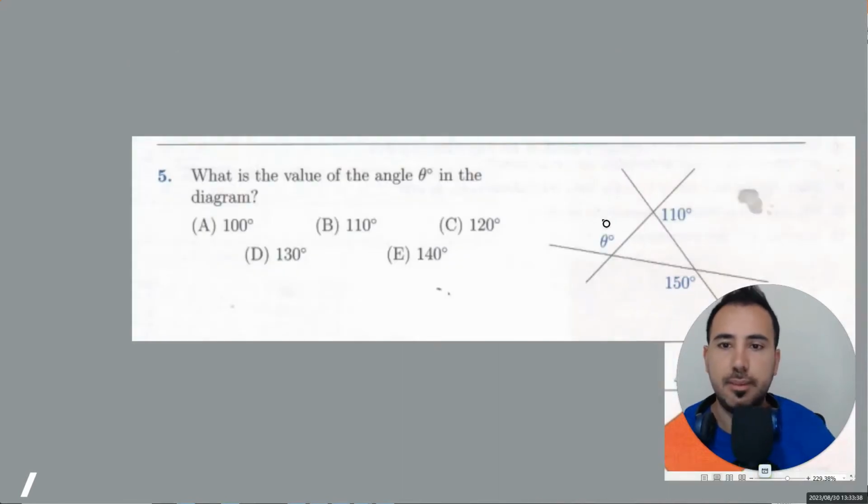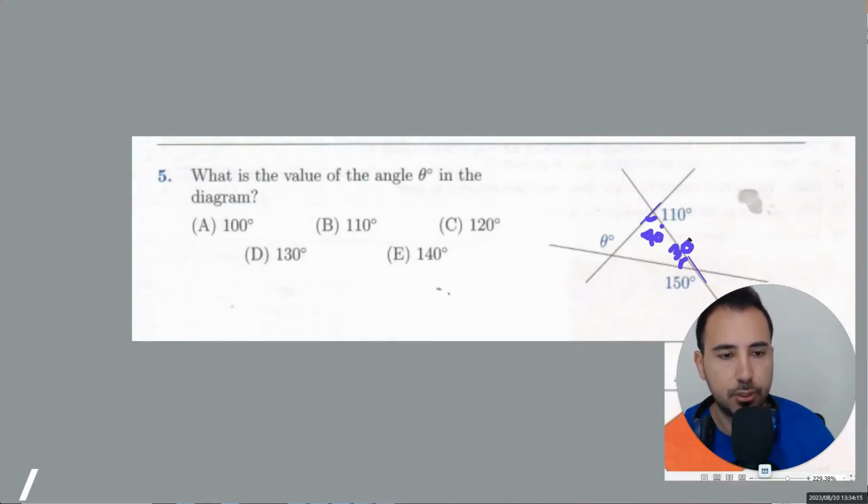Question 5, what is the value of the angle theta in the diagram? Here, I have to make this line over here, and this is a line, so it's supposed to have 180 degrees. 180 minus 110 will give us 70 over here. With the same reasoning, this is a line from here to here, and this is 150, so this is 30.